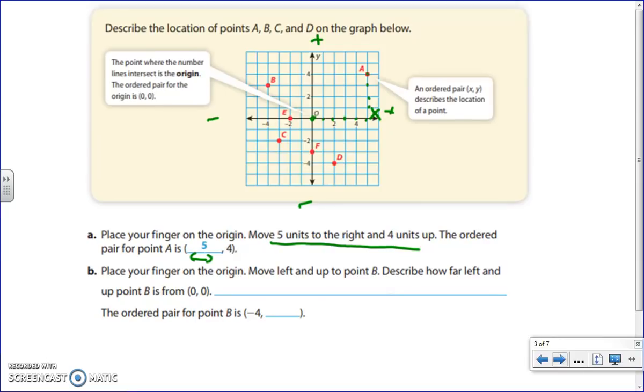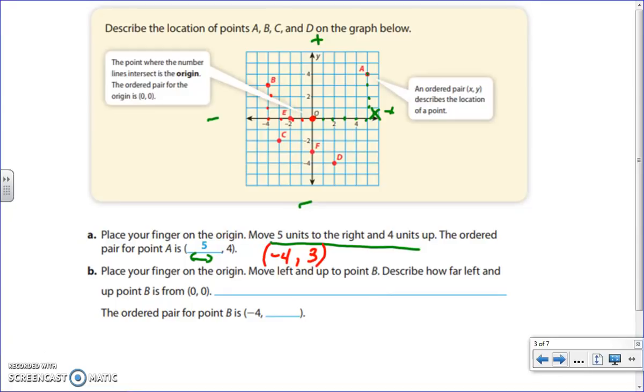It says place your finger on the origin. Let's use the red one this time. So here's my finger on the origin. It says move left and up to point B. Describe how far left and how far up B is from point 0, 0. I need to move left 1, 2, 3, 4, negative 4, 4 in the negative direction, and then up 1, 2, 3, so 3 in the positive direction.